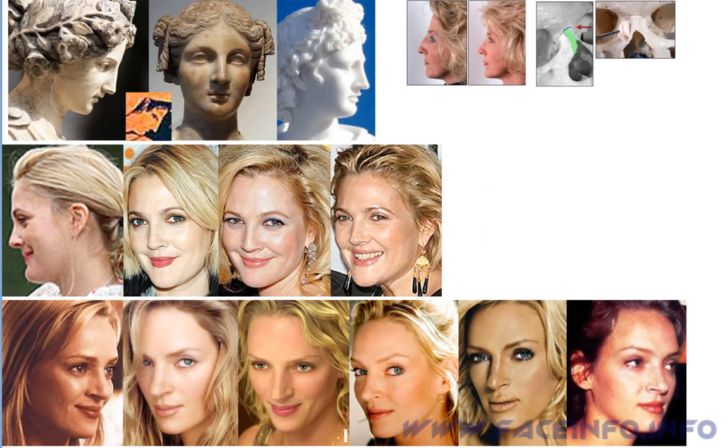But this feature is more or less spread even nowadays. Have a look at Drew Barrymore. Her forehead median gradually passes to the nasal arch, and it looks almost like a straight line. Another example is Uma Thurman.